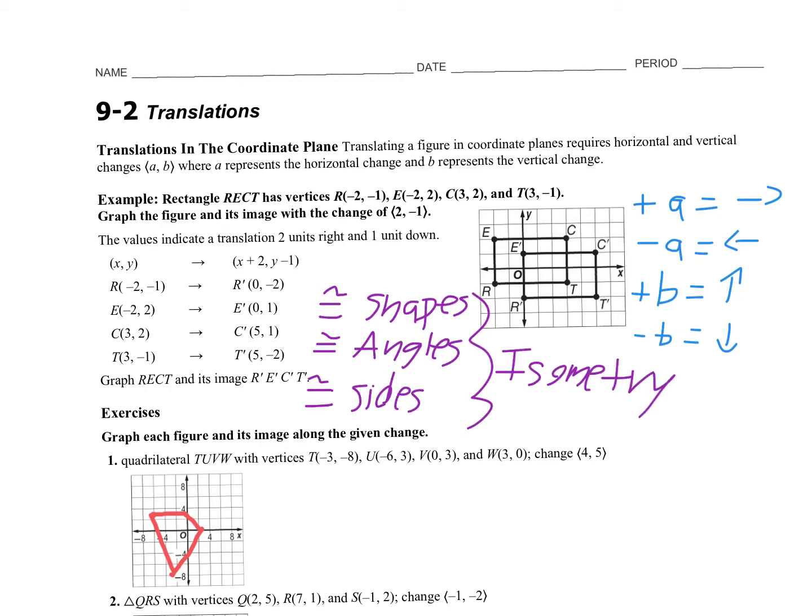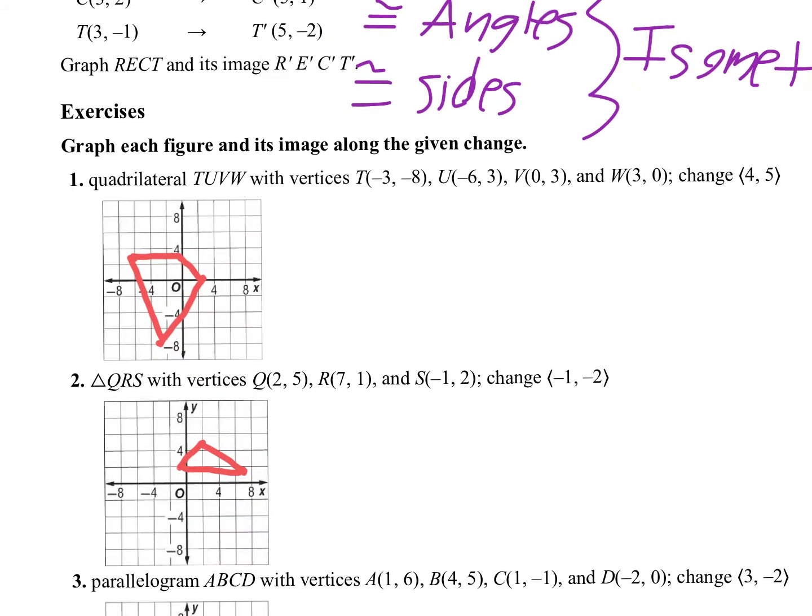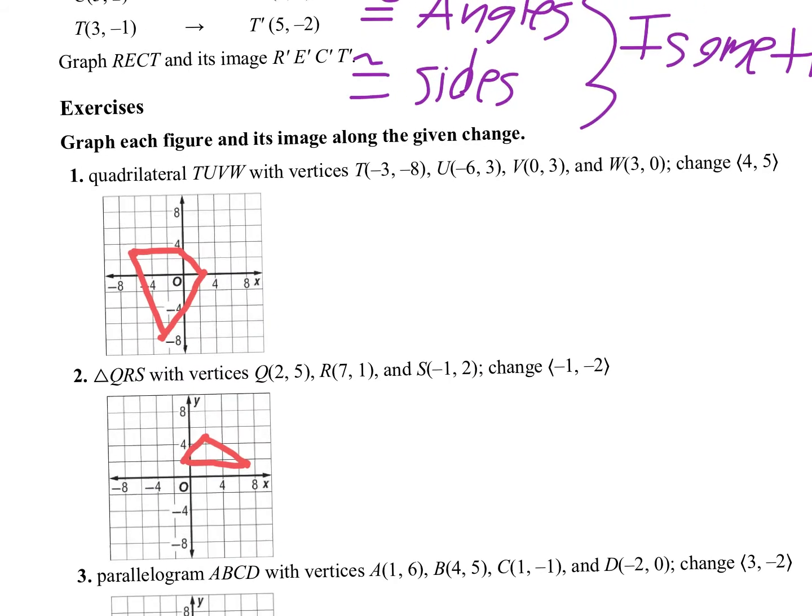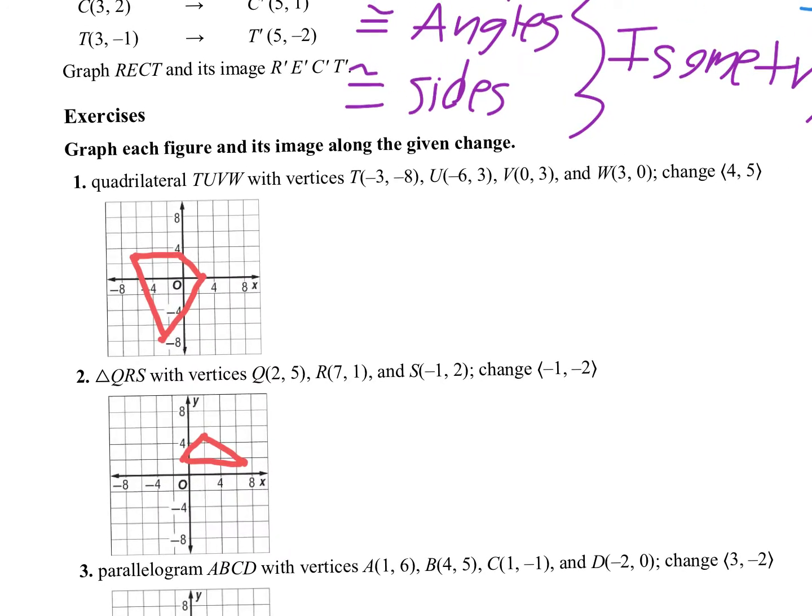So let's take a look at some exercises. I've already graphed the original images in red, so we can show the translations, the shifts in blue. So we're going to take quadrilateral TUVW with a change of (4, 5).